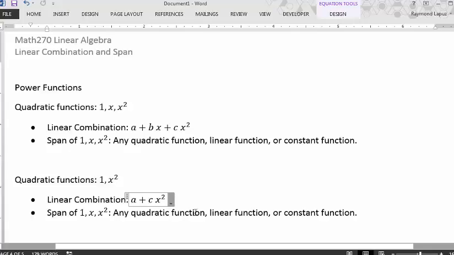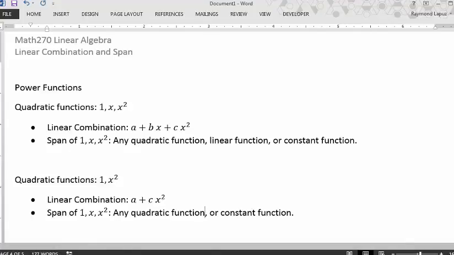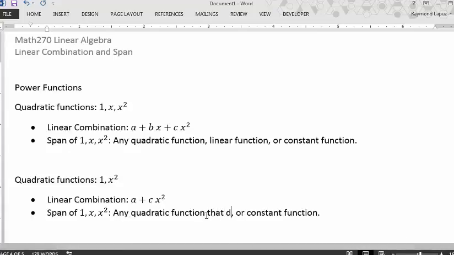So there's no room for linear functions here. Not only that, but if it's a quadratic function, it does not have a linear term. So any quadratic function that does not have a linear term.